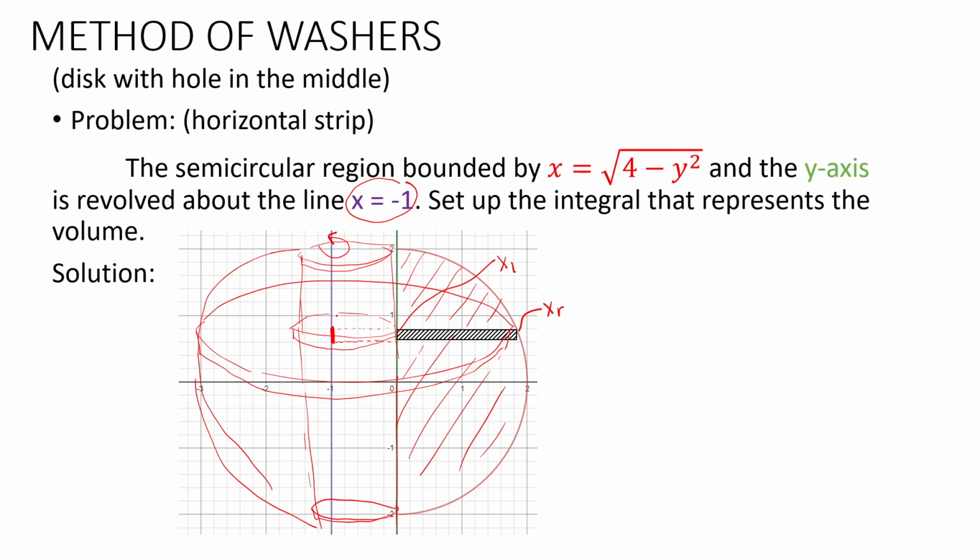Since we're going to measure outer and inner radius, from this point going towards the outer radius, this one is xr from the y-axis. This one is 1 unit to the left of the y-axis, to the axis of symmetry. So meaning our outer radius is 1 plus xr.